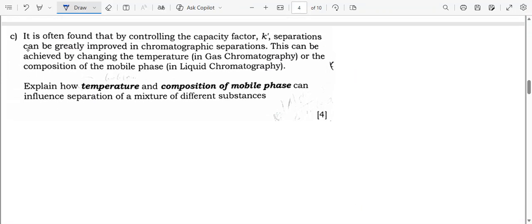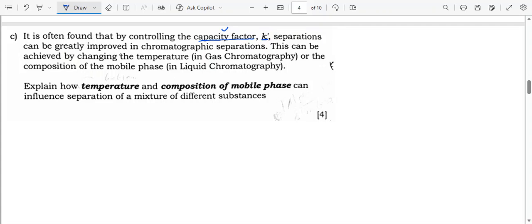I'll be very fast here. It is often found that by controlling the capacity factor, K, which is also called the retention factor, separation can be greatly improved in chromatographic separation.